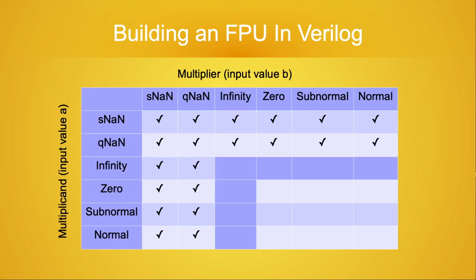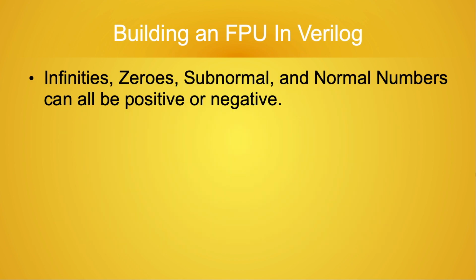Testing the infinity case is a little more complicated because the value of the multiplier does have an impact on the product value which is generated. Looking at the table, we can see that there are 7 boxes left to be tested, which involve a multiplicand or multiplier which is infinity. Infinities, zeros, subnormal numbers, and normal numbers can all be positive or negative.